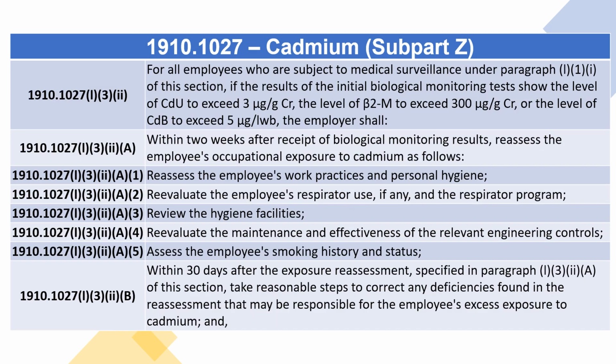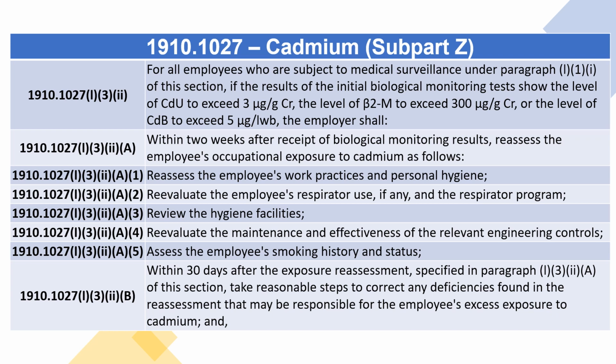1910.1027(l)(3)(ii) For all employees who are subject to medical surveillance under paragraph (l)(1)(i) of this section, if the results of the initial biological monitoring tests show the level of CdU to exceed 3 µg/g Cr, the level of Beta-2-M to exceed 300 µg/g Cr, or the level of CdB to exceed 5 µg/LWB, the employer shall: (A) Within 2 weeks after receipt of biological monitoring results, reassess the employee's occupational exposure to cadmium as follows: (1) through (5).